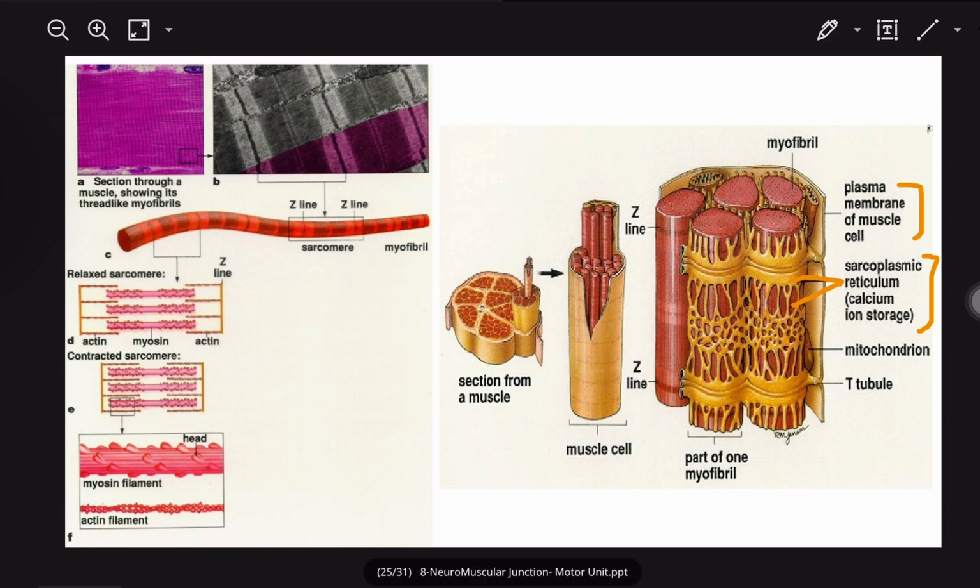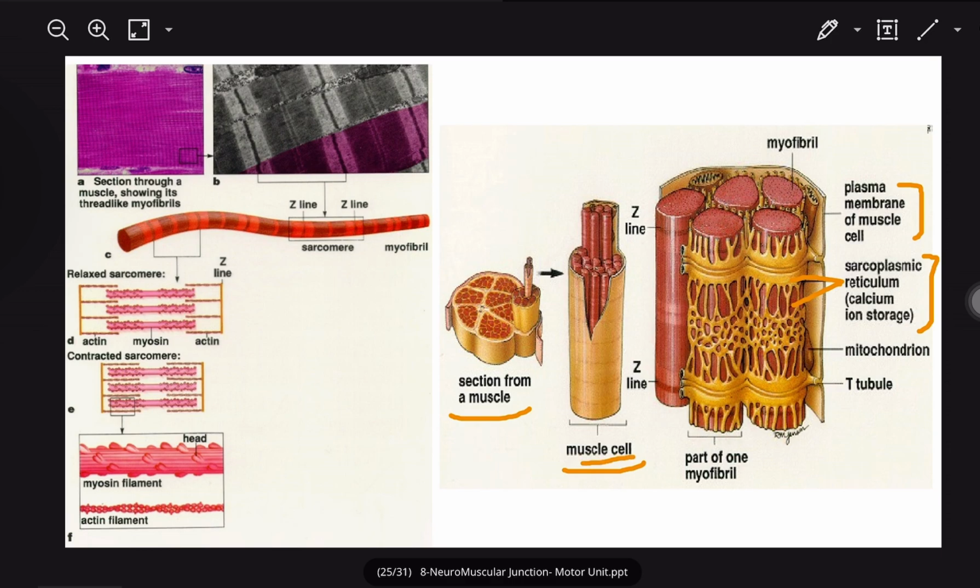This is in a small section. So you see this is small, this is the bigger section, this is the muscle cell, all of it. This is the section of the muscle, so all of them will contract. But if, for example, one contraction comes, it will actually cause all of this muscle cell to contract.